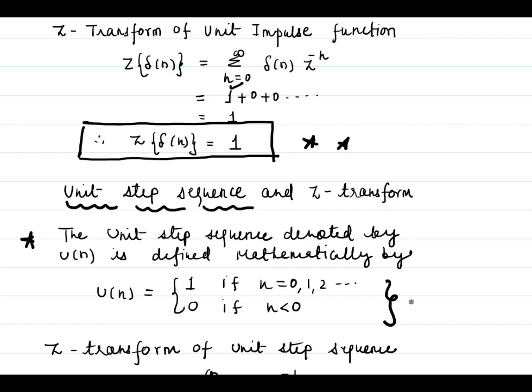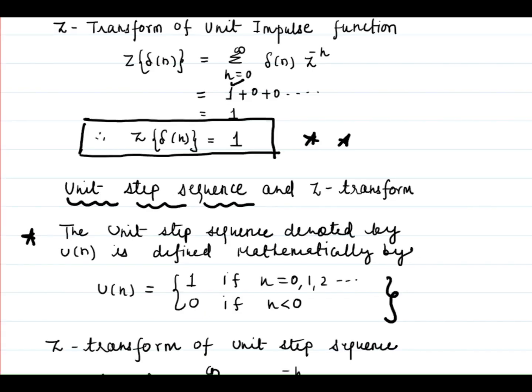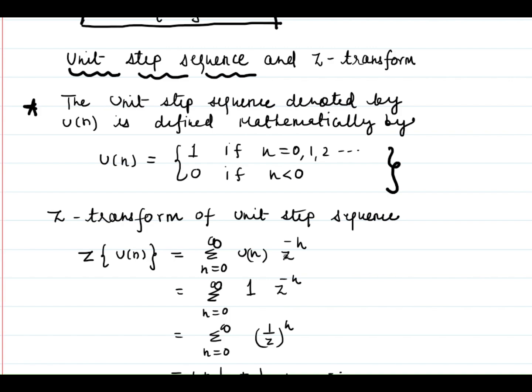So the unit step sequence, which we define as u n, is either 1 or 0. It is 1 if the value of n is 0, 1, 2, 3 and so on, and if n is negative, we say 0. Now we are going to find the Z transform of the unit step sequence. To find it, we take Z of u n, meaning the Z transform of the unit step sequence.